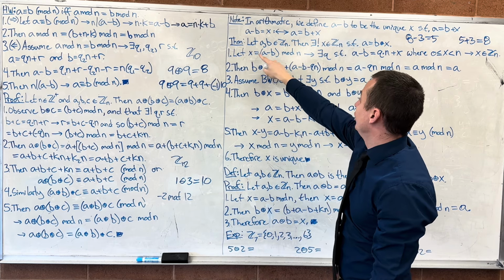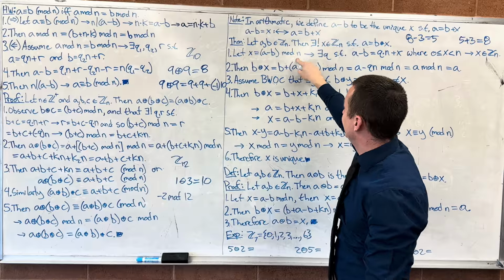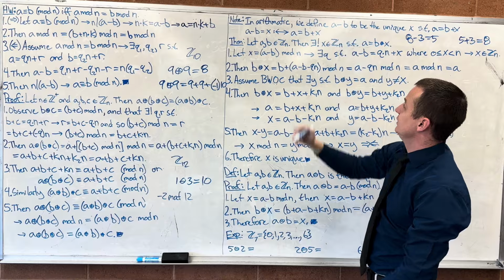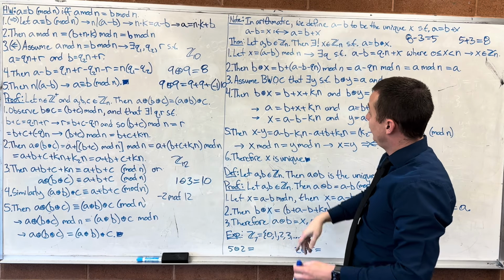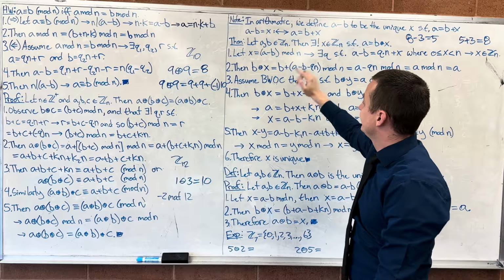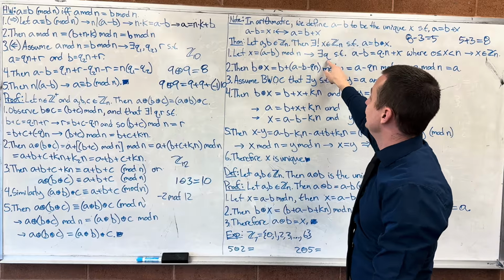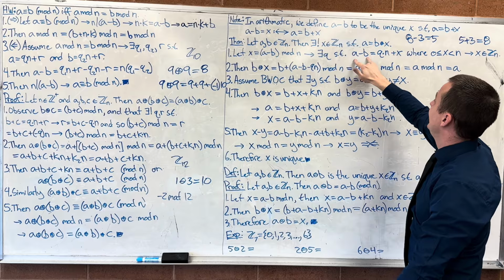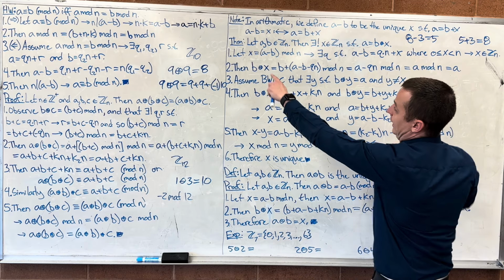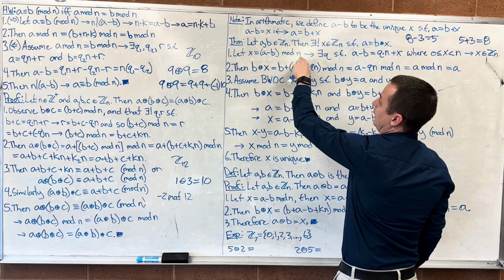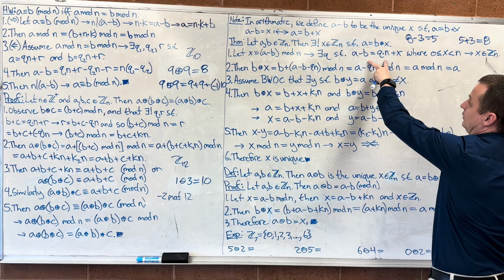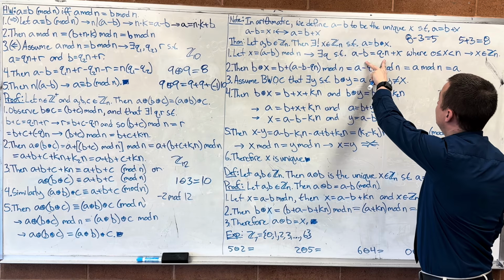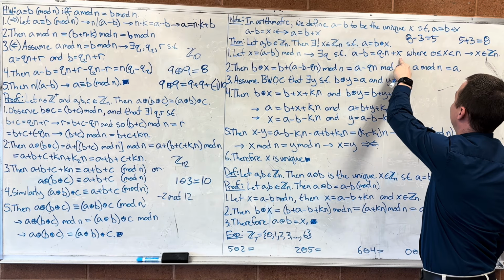So let x be a minus b mod n. My job is to prove x satisfies this thing. Now, right out the door, what does that mean? That means that there exists a unique q such that a minus b is q n plus x. X is the remainder when I do a minus b and I divide by n. That's what x is. So here's a minus b divided by n with the remainder x.